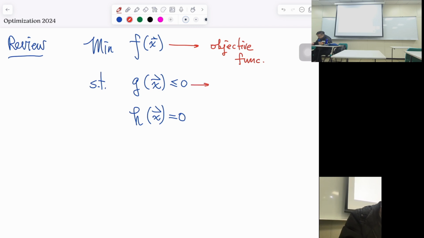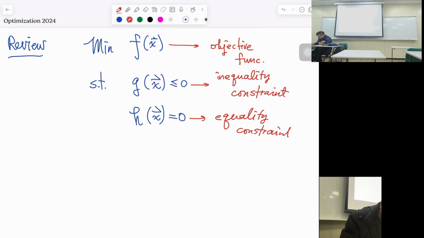This is the so-called inequality constraint. This is the equality constraint. And this is your design variable. And this is the so-called subject to.